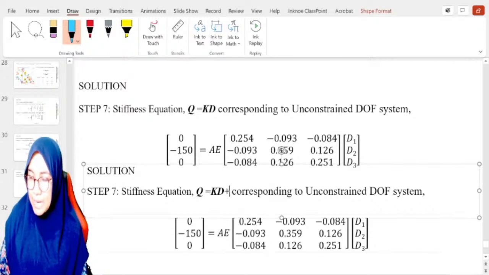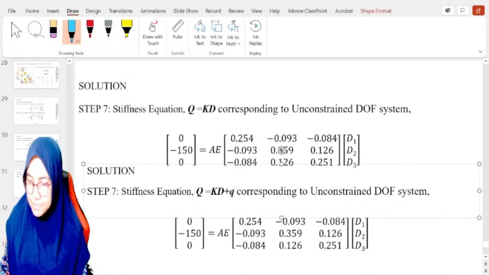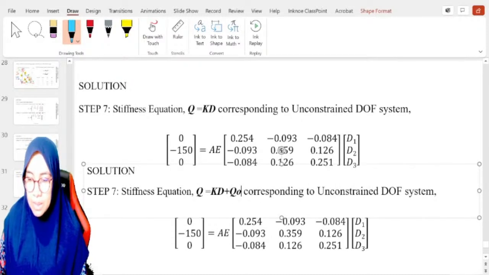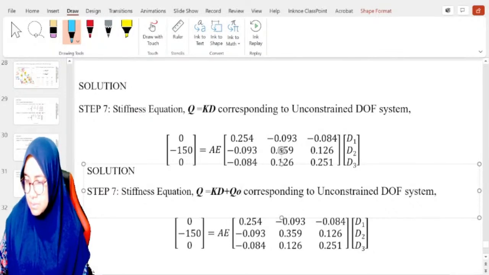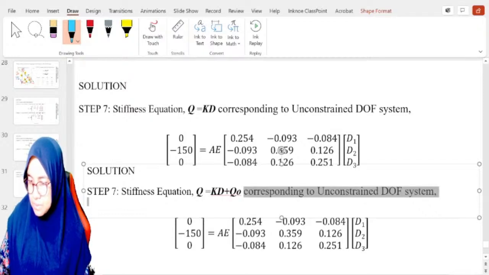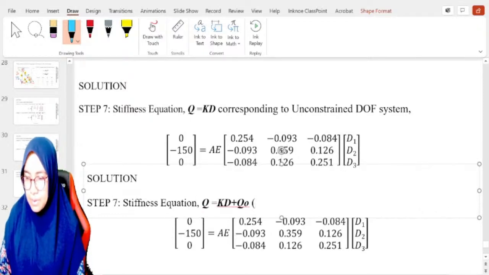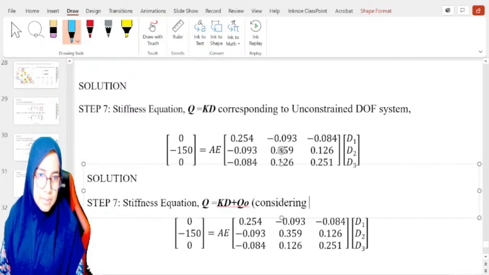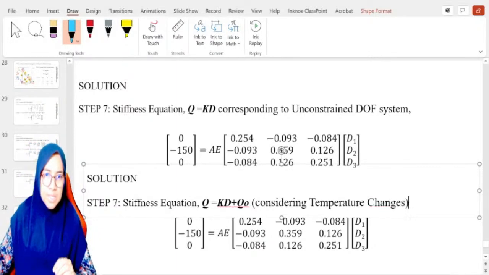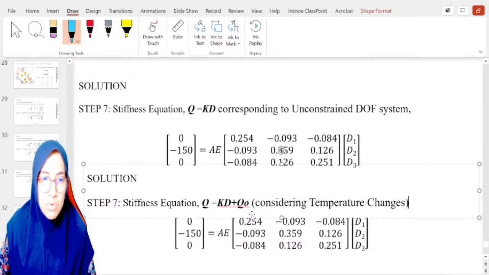Plus Q naught, considering temperature changes. So to consider temperature changes, we have to include Q naught.